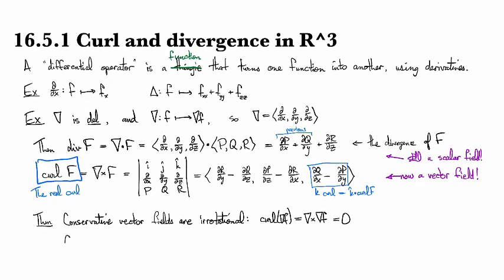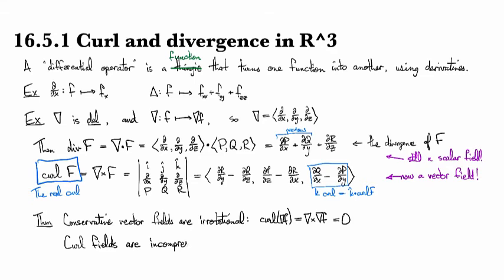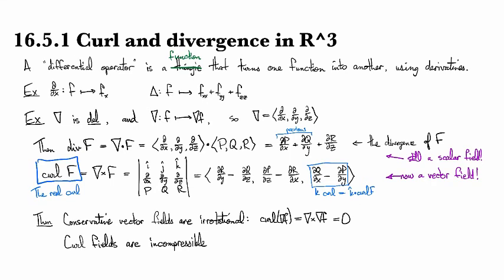It's also the case that curl fields are incompressible. Now this is something that's new in R3, because we didn't used to be able to talk about taking the divergence of a curl field back in R2. The irrotationality is the one that we had before in R2.